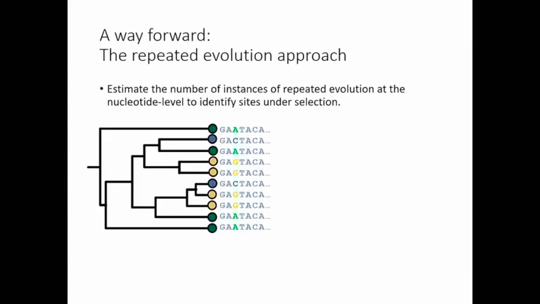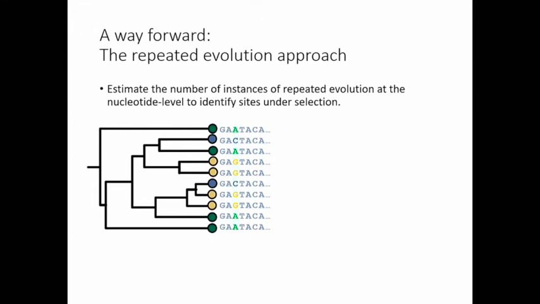What we have been working on is a different approach where we don't make that starting assumption that synonymous mutations have no fitness effect. Instead, we use the idea that if we see the same changes coming up over and over again in a phylogeny, that is some indication that those are sites under selection.